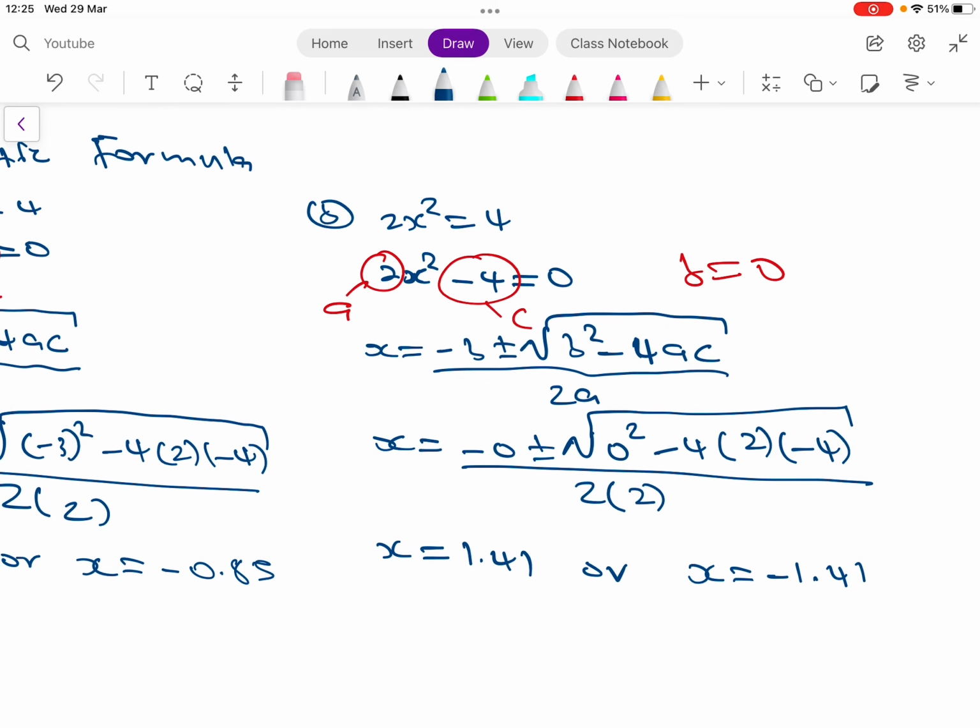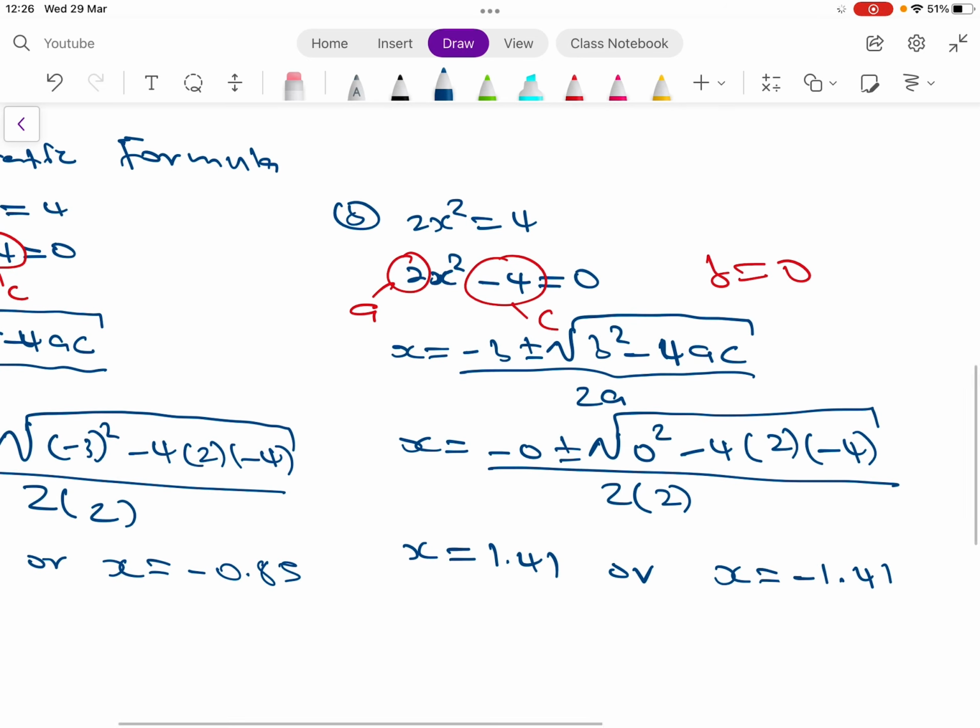With mathematics, especially algebra, you can always check if your answers are correct. So just take this negative 1.41. However, in situations where you have rounded off your answer, I'd recommend that you put the answer on the calculator, save it, and then substitute it here for x, and see if 2 times the answer squared equals 4, and 2 times the previous answer, squared, also equals 4.